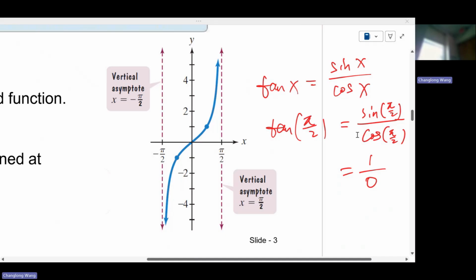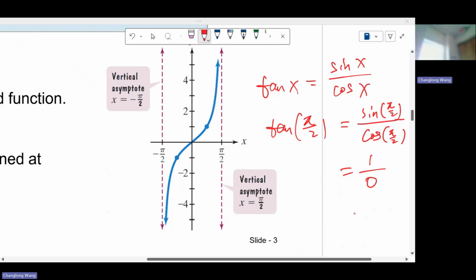If I make the denominator infinitely small, the fraction will become infinitely large, right? Infinitely big. And we have a term for it. It's called infinity. So don't tell me undefined anymore. You have a way to define it.